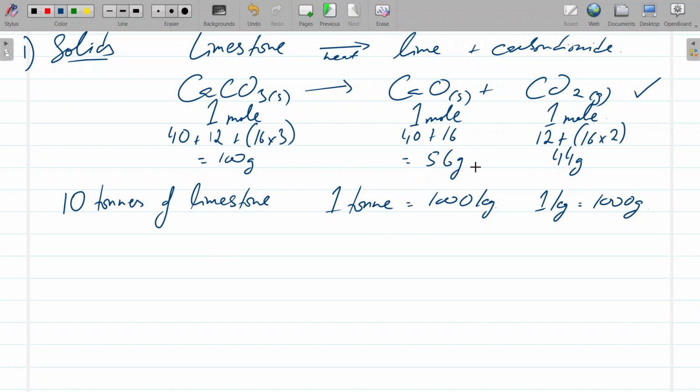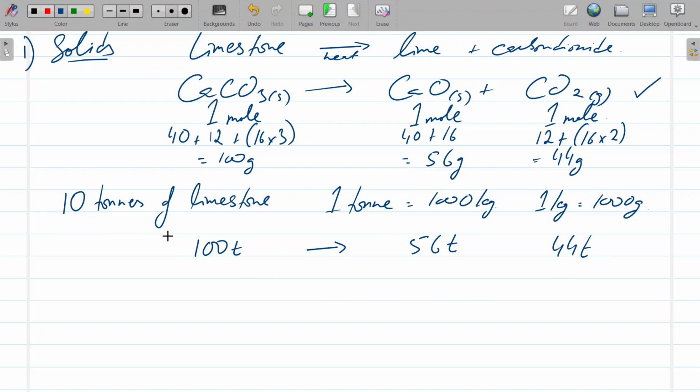So this is 100 grams to 56 grams and 44 grams. I don't need to rewrite the equation. Let's say this were not 100 grams, but 100 tons. And for ton, we're just going to write T. If this were 100 tons of calcium carbonate, that would give us 56 tons of calcium oxide or lime, and 44 tons of carbon dioxide gas would be produced.